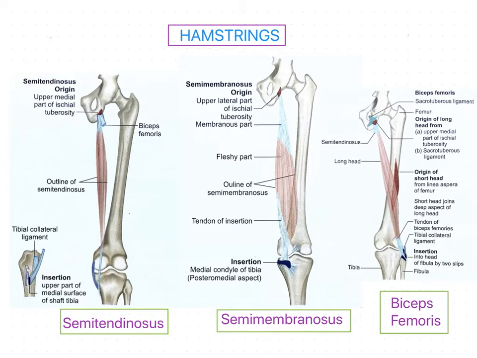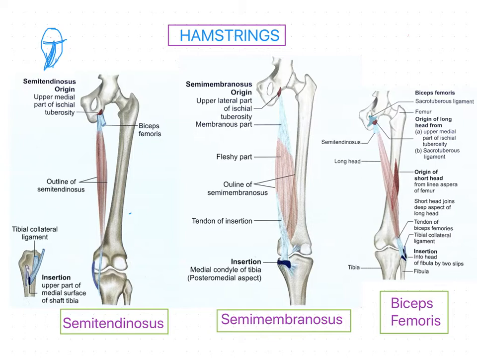It originates from the upper medial part of the ischial tuberosity. We have studied this in osteology. This one is the ischial tuberosity seen from below, and it is divided into three parts, one by a transverse division and the lower end by a longitudinal division.